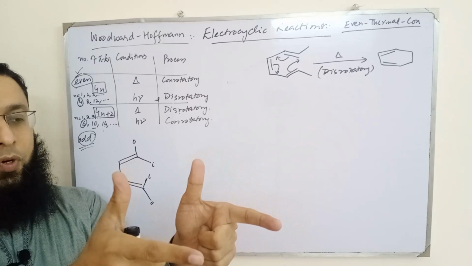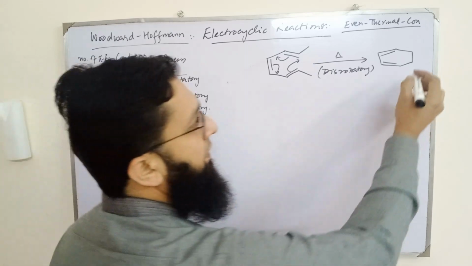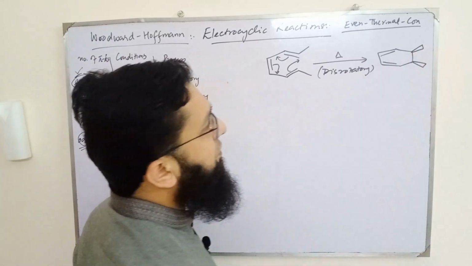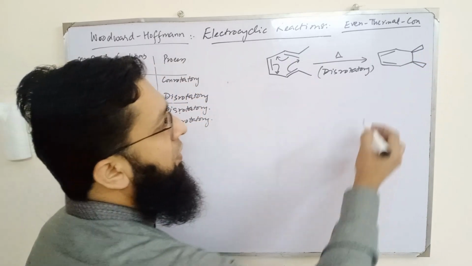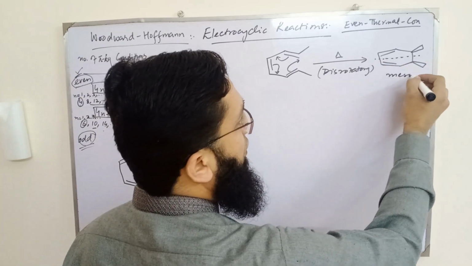As a result, both of the methyl groups are above the plane. So this would be the stereochemistry of the product. And because this molecule has a plane of symmetry, this is a meso molecule.